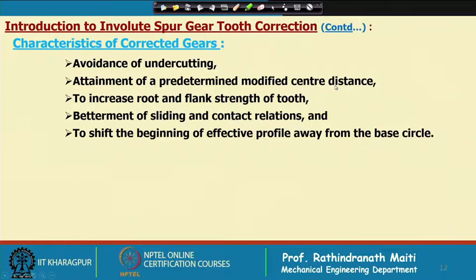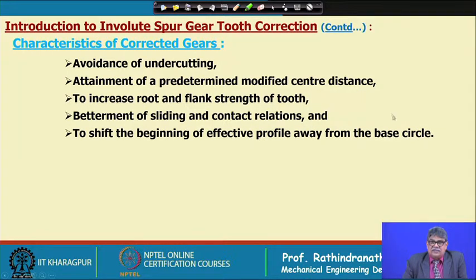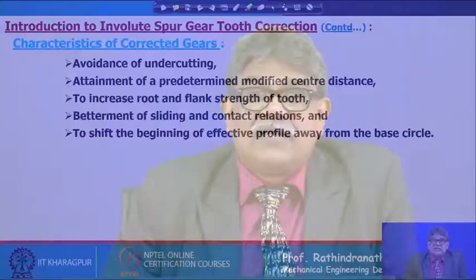Then, to shift the beginning of the effective profile away from the base circle, you see this contact very close to the base circle is not desired, because where the gear is touching at the root, it has practically 0 radius of curvature. So, from the contact stress point of view, it is not good.